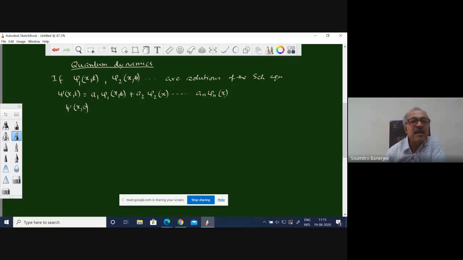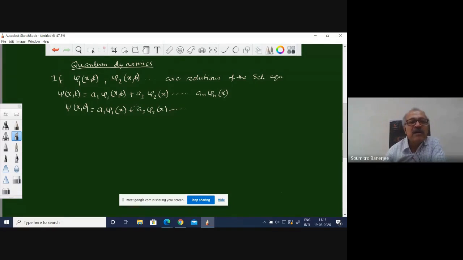So psi of x, 0 is a1 psi 1 of x plus a2 psi 2 of x, and so on. And then to obtain the values of a1, a2 and all that by the process of computing the overlap integral.